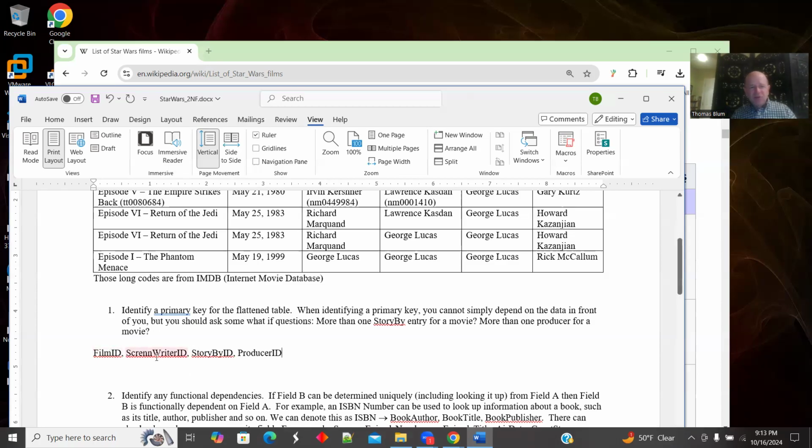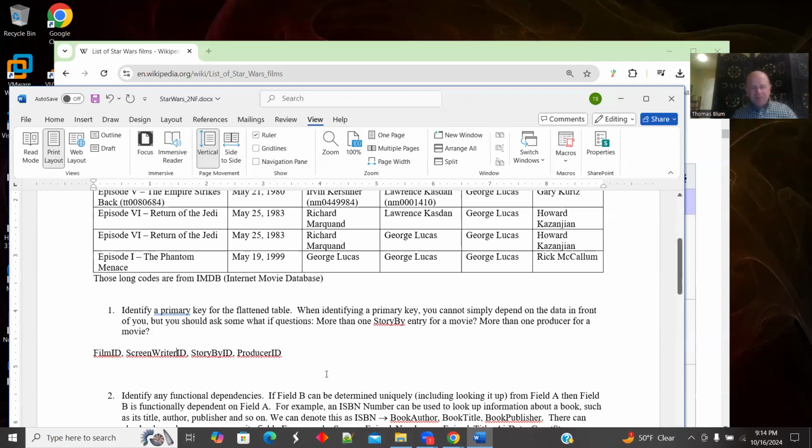Okay, and I'm going to assume that each of these has some ID, so I'm not going to use the names, I'm going to use the IDs. So this is my primary key. I want to be able to identify the writer, the story by, the producer, the film. Okay. So I want to find these records.